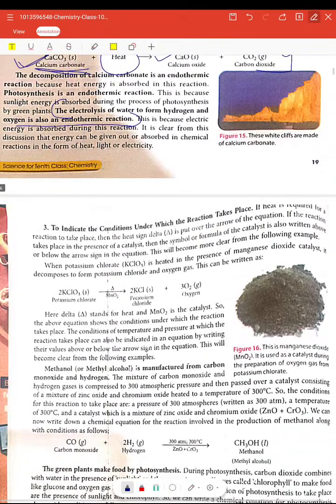Another point: indicate the conditions under which a reaction takes place. What is the condition? The heat symbol, delta. This is the condition under which the reaction takes place. Sometimes we use a catalyst. This is also a condition.